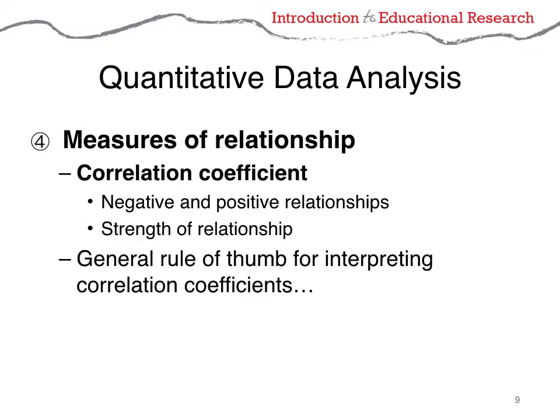So one of the items that we're talking about just at the surface level is this idea of measure of relationship or correlation coefficient. This is going to connote the negative or positive relationship and the strength of that relationship.